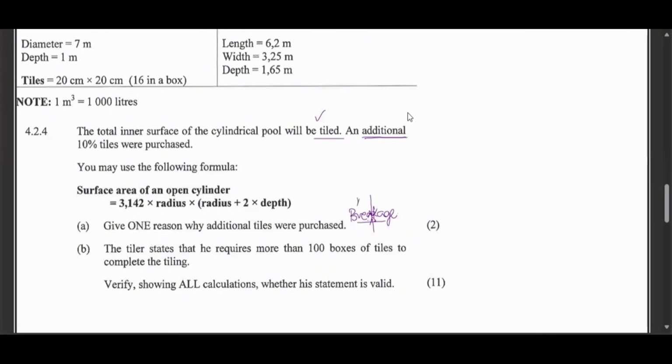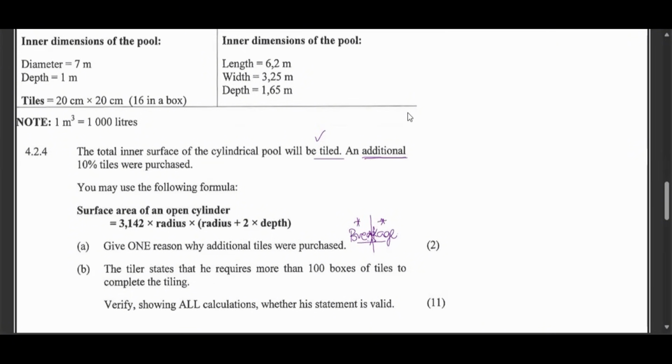So to cut those tiles, that's why we need more tiles. Anyway, part B, this is where I'm interested because the formula is given. Please don't leave these questions. Give one reason why additional tiles. Give any reason why you need more tiles. Don't leave it empty. These 2 marks we need them.